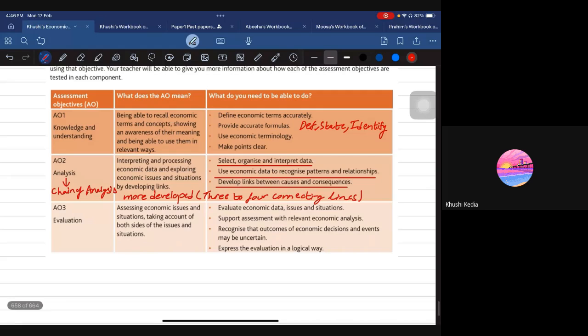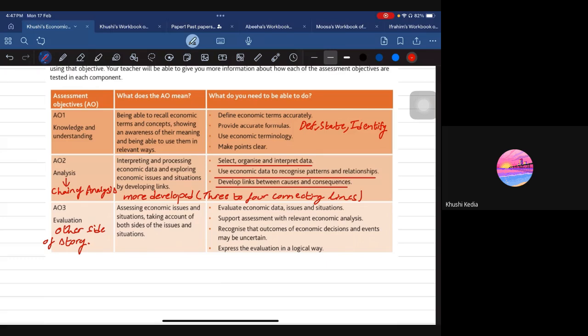Then the evaluation. Evaluation in economics is like the other side of the story that you write for the question, right? Let's suppose they ask whether supply side policy is a good measure to reduce inflation or not.